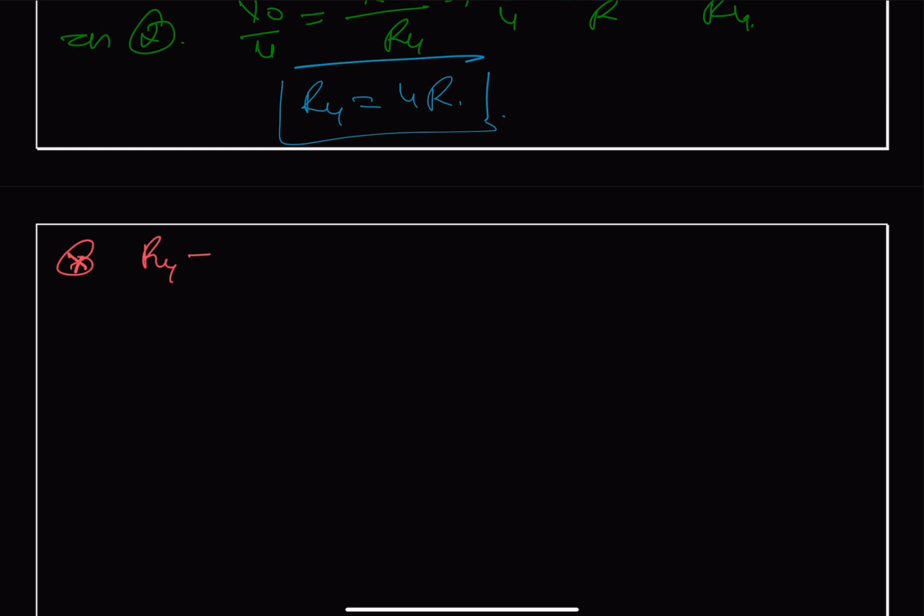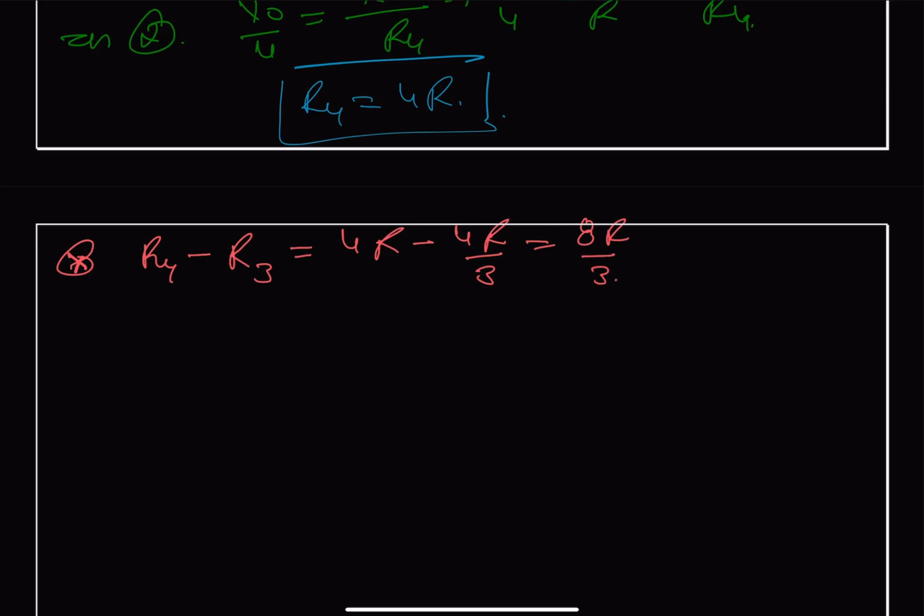So we say R4 minus R3 is equal to 4R minus 4R by 3, and this comes as 8R by 3.